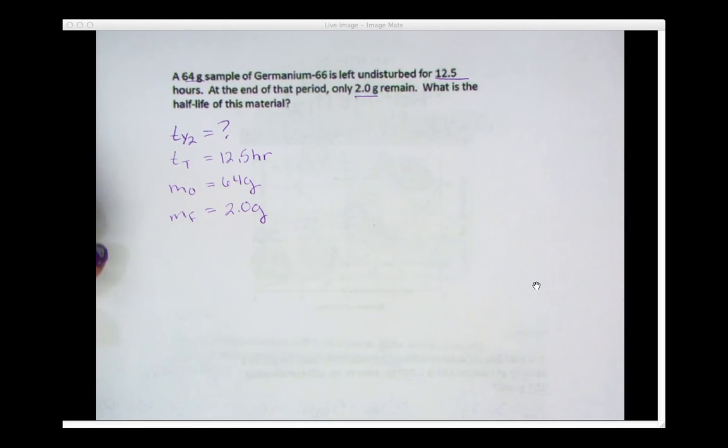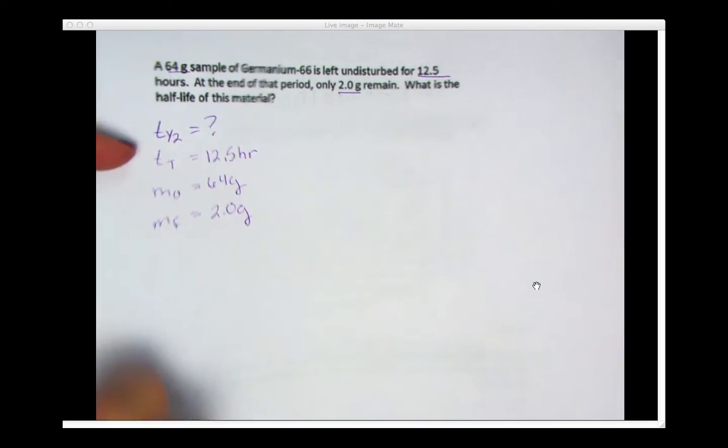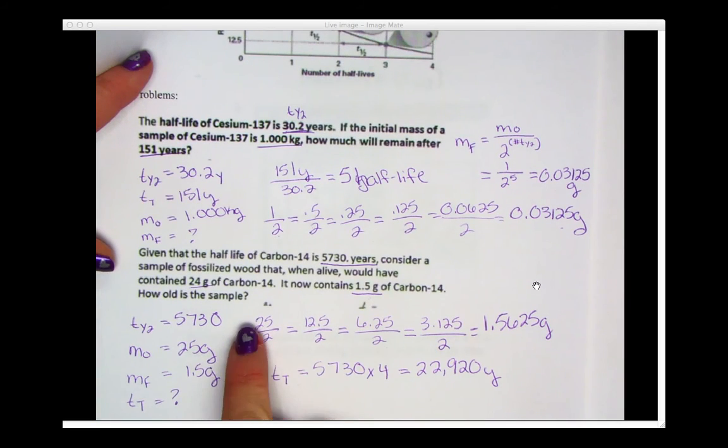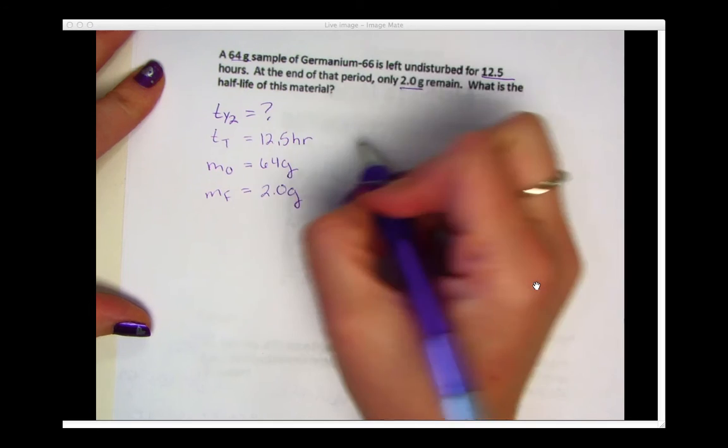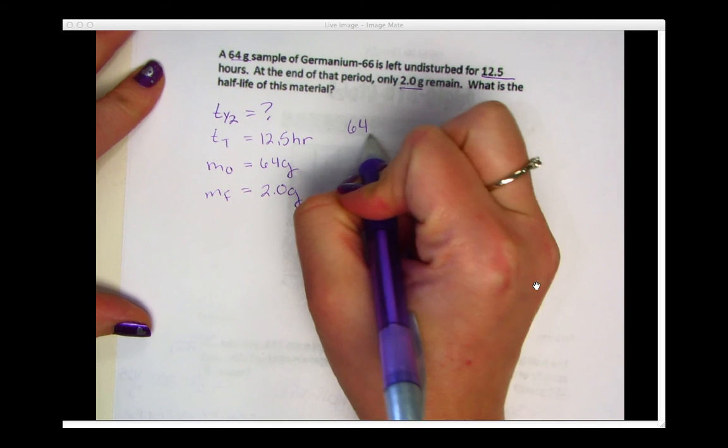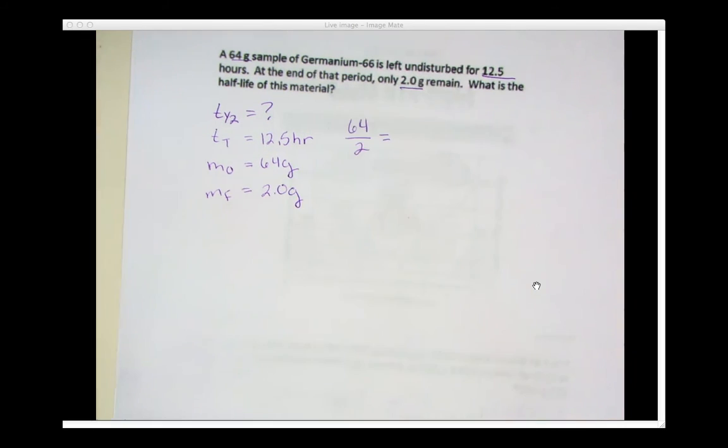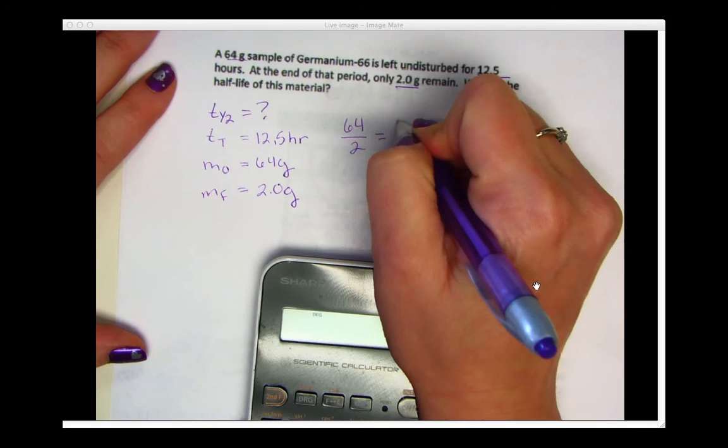Whenever you are given the masses first, it's kind of going to be like the second problem we did over here, where we had to divide it by half and then solve for the time. So what I'm going to do is take my sample of 64 grams and divide it by 2 to get 32.